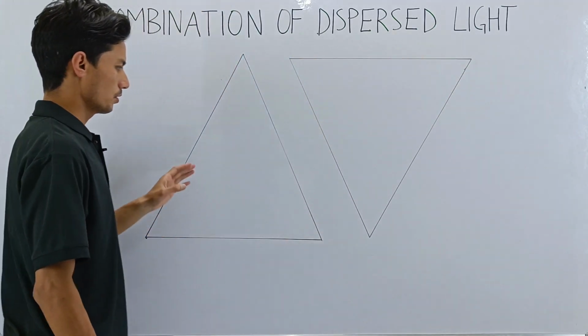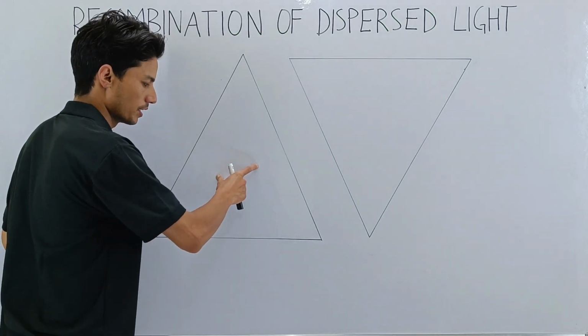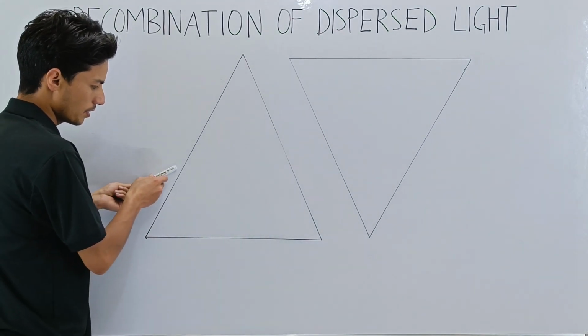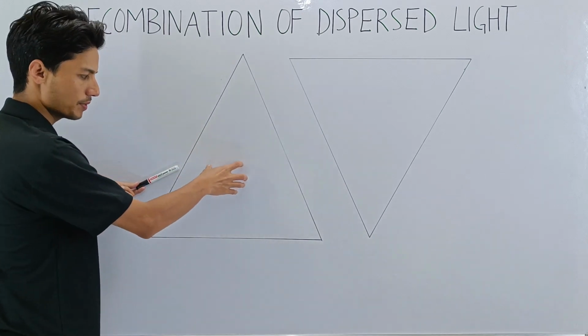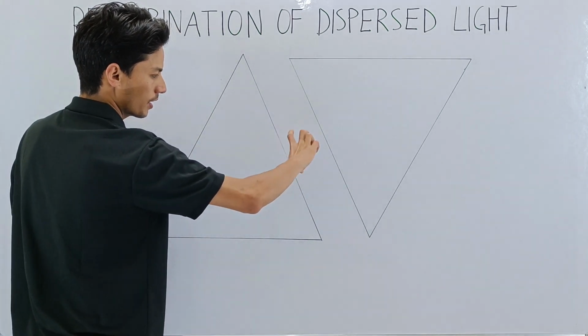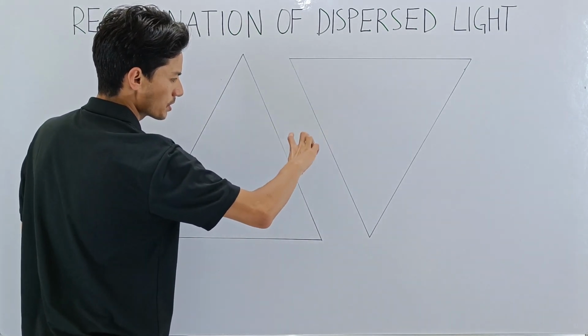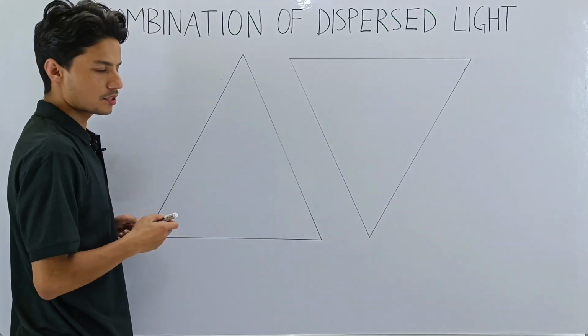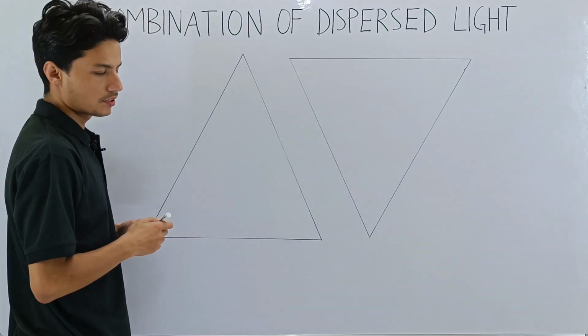So we already know what happens in prism number 1. If a ray of light is incident on this prism, emerging out of the prism to this end, you will find the band of 7 colors, which we call the VIBGYOR.